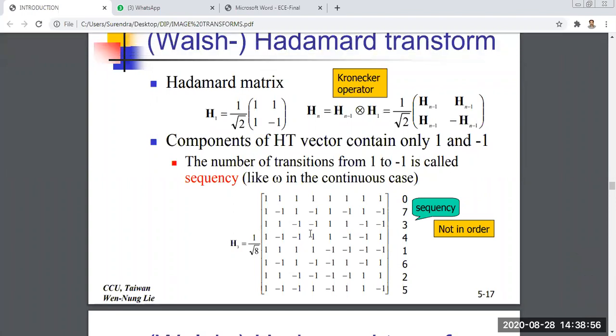If you take an 8 into 8 image and want to apply the Hadamard transform, the matrix form will be like this, depending upon your H1, H2 value calculations. So H1, H2, H3, H4.